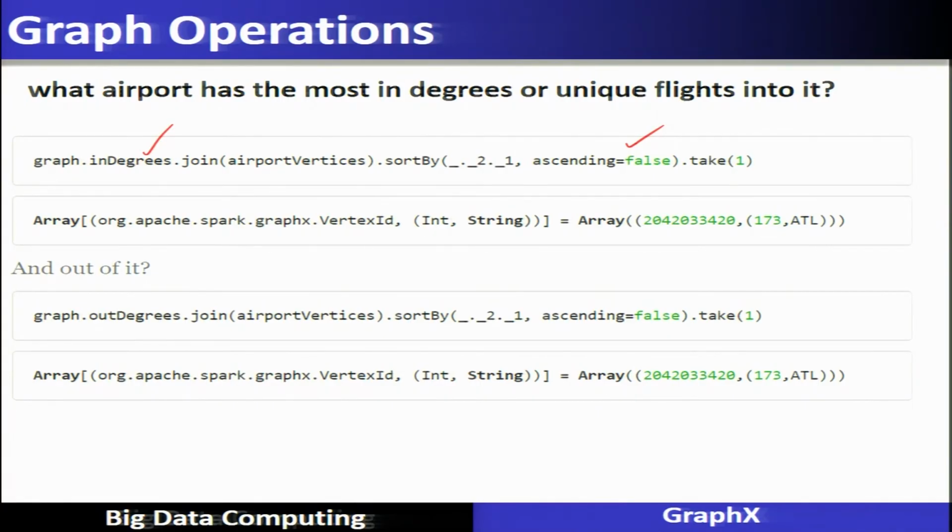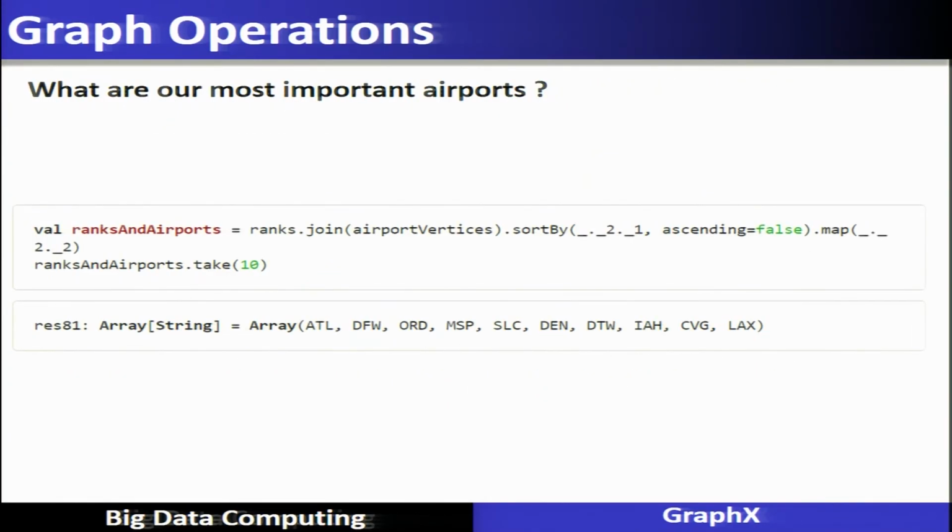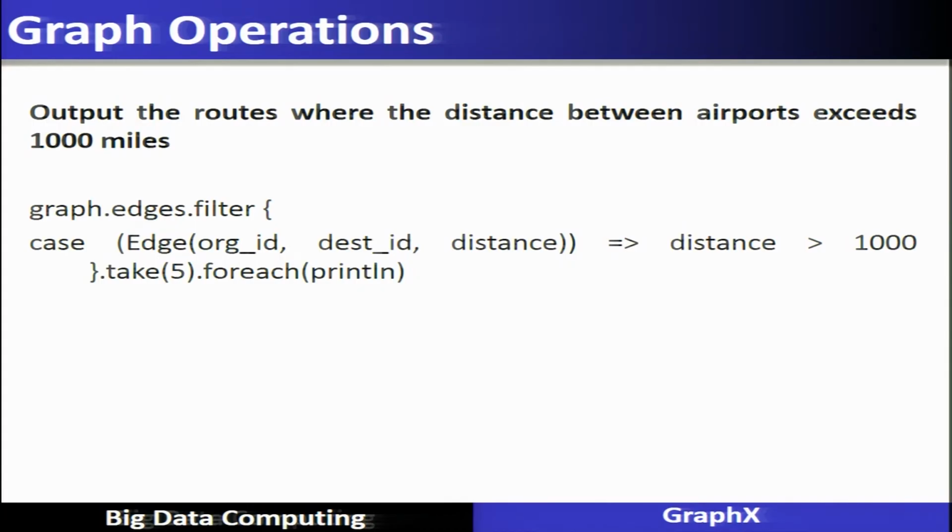That also we can find using outDegrees after applying the join operation. What are the most important airports? For that we use PageRank, which ranks the airports, meaning it will sort and find out the airports.